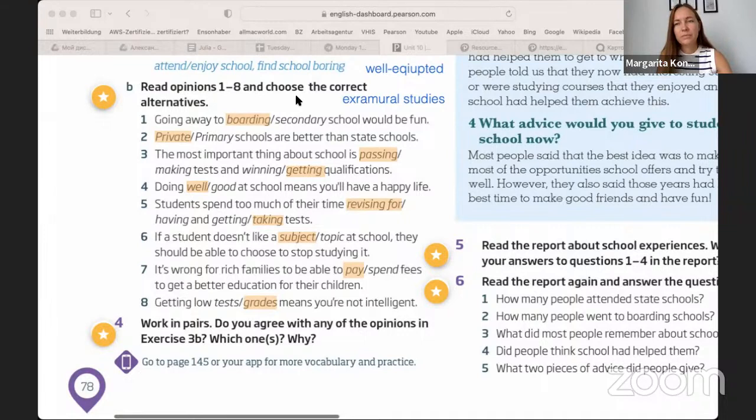I think if a student doesn't like a subject, maybe he can decide and learn more about it.